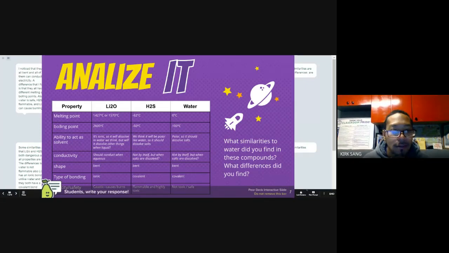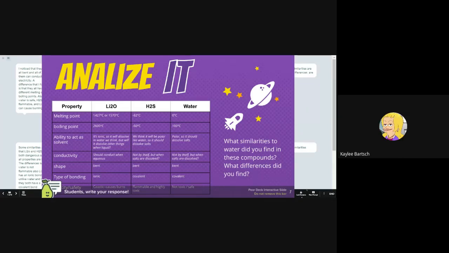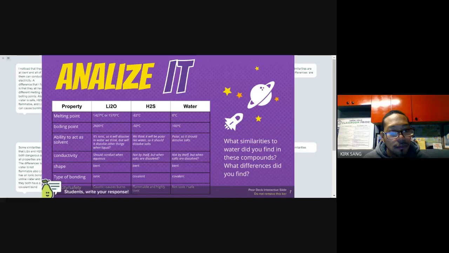Kaylee, one similarity, one difference. One similarity is that when it's lithium or hydrogen, there's always two, like Li2 or H2.